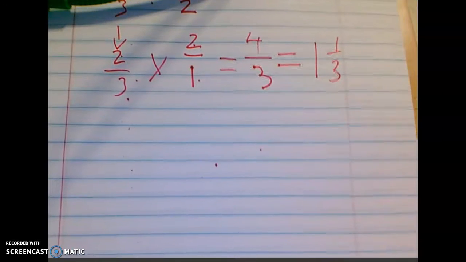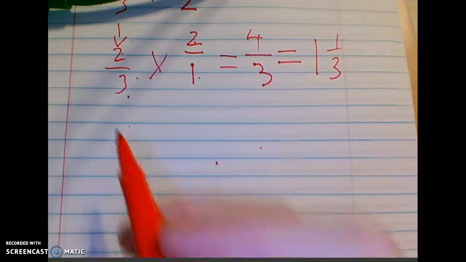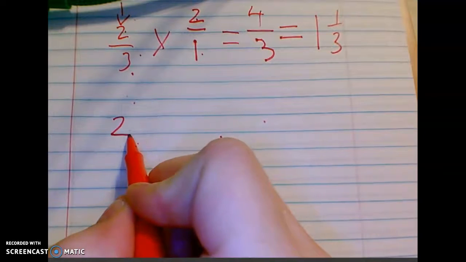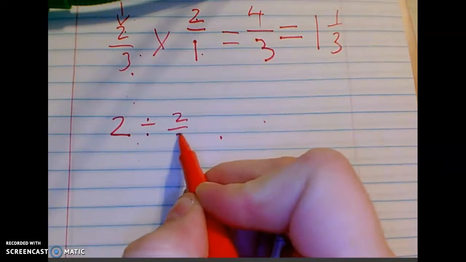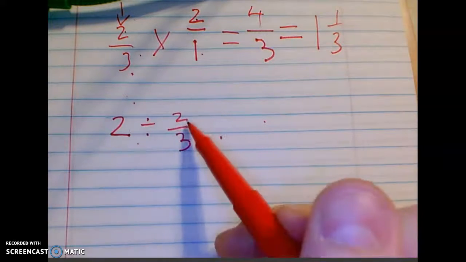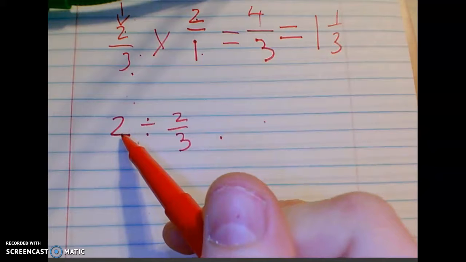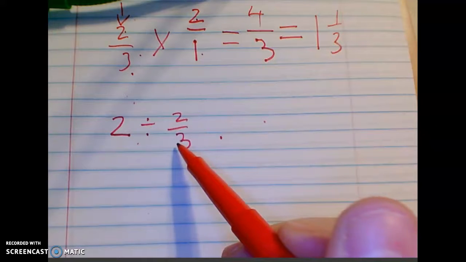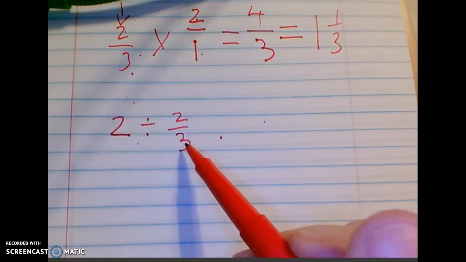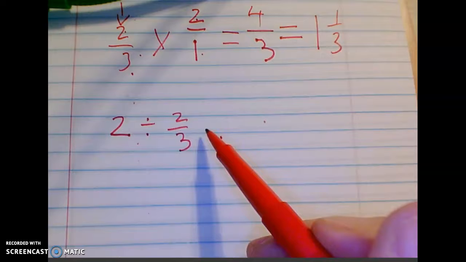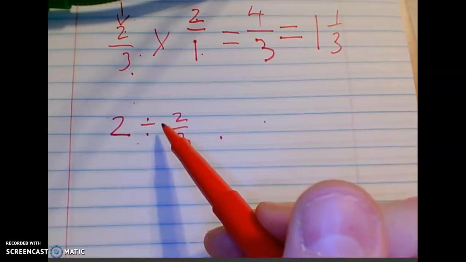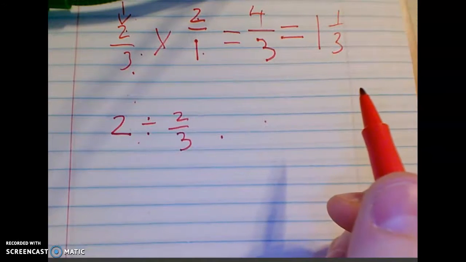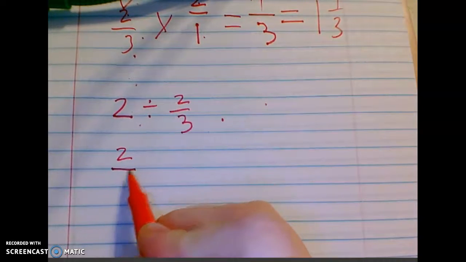Okay, let's look at another one. Now we're going to have a whole number divided by a fraction. So we are finding the number of 2/3 in 2. The number of 2/3 in 1 is 3 over 2. So the number of 2/3 in 2 is twice that many. So we're going to write the whole number of 2 as 2 over 1.